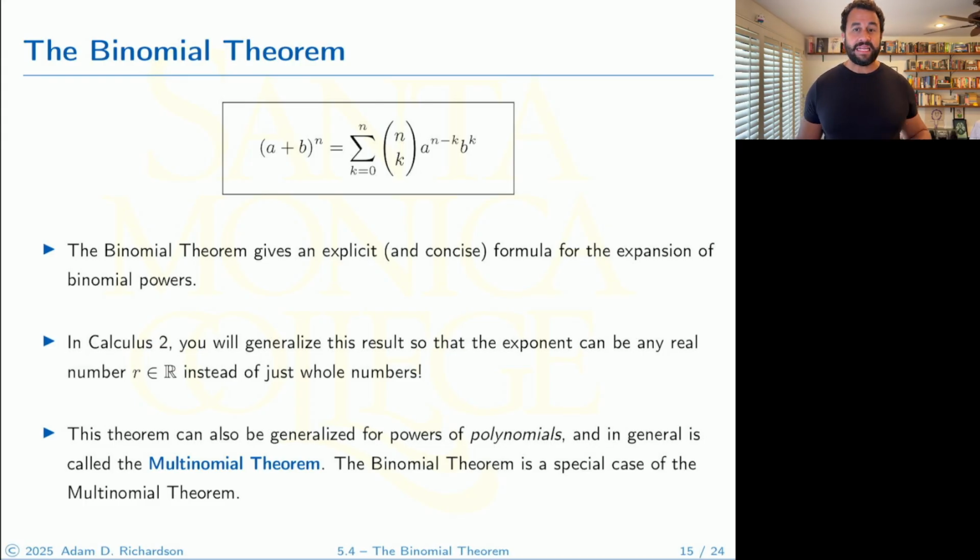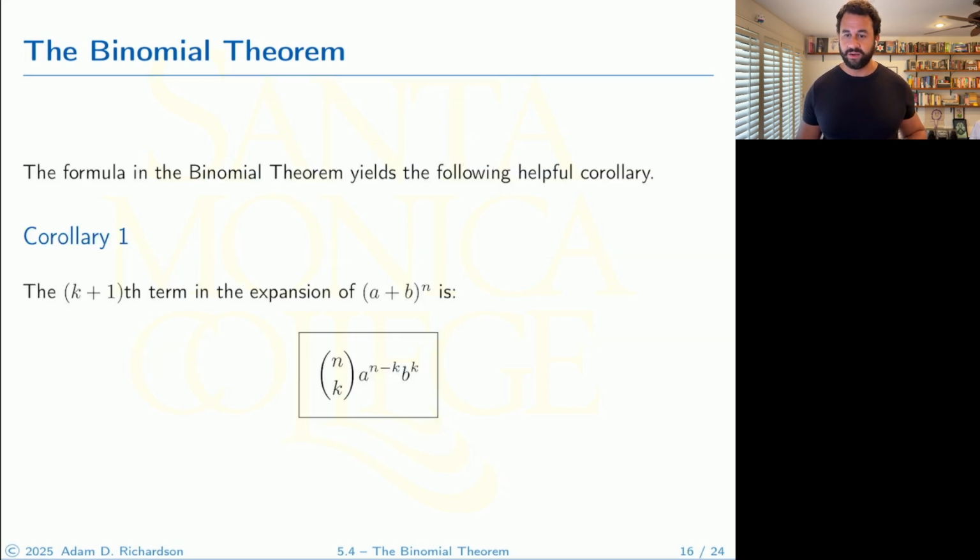Okay, so now baked into this theorem, we have a really nice corollary. It's this one right here. This formula basically yields this. The k plus 1th term in the expansion of a plus b to the n is given by this formula. So let's say you've got an expanded binomial and you want to know what the eighth term is. You know, maybe in this case n is 50, but you want to know what the eighth term is.